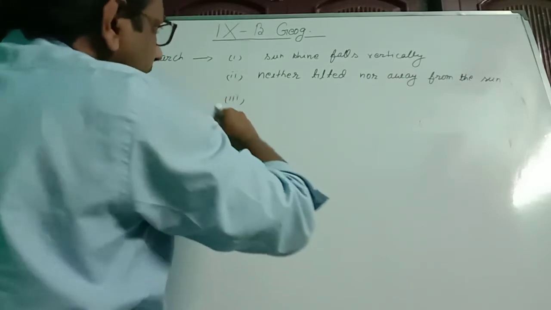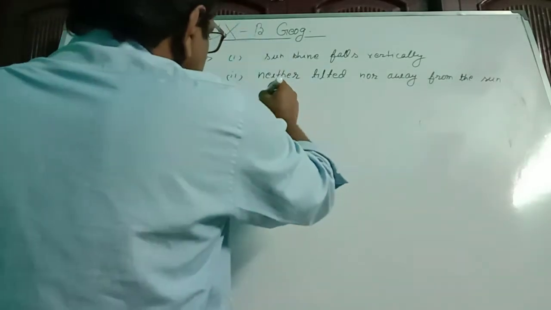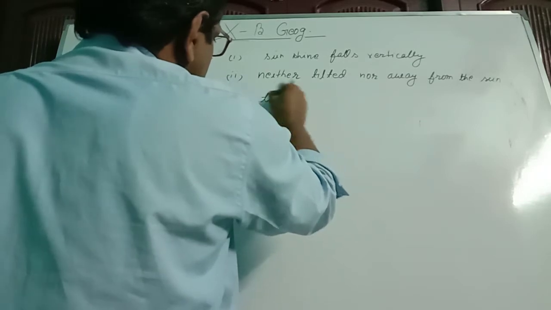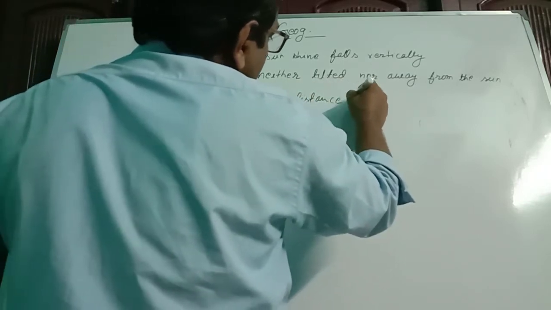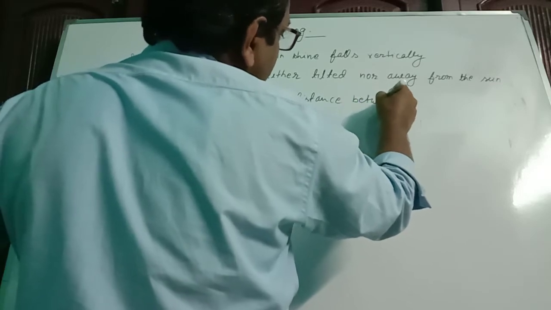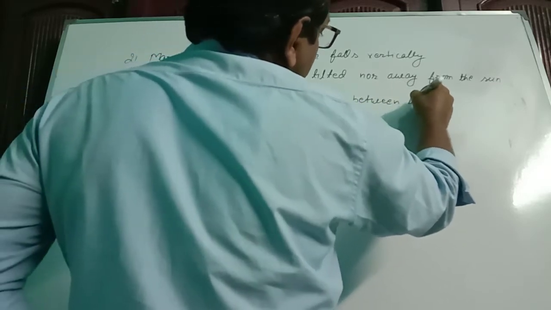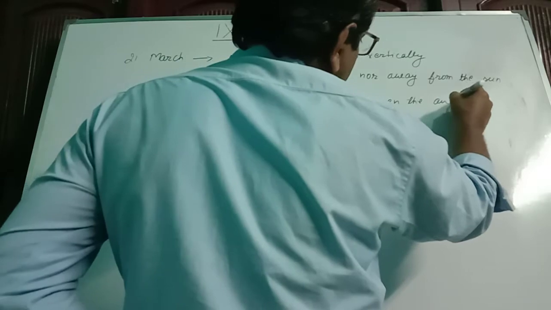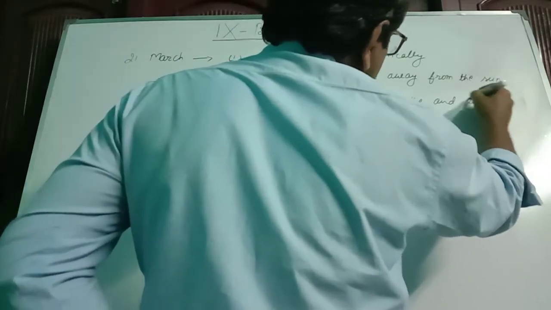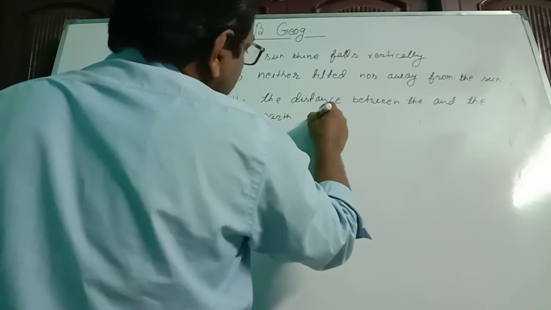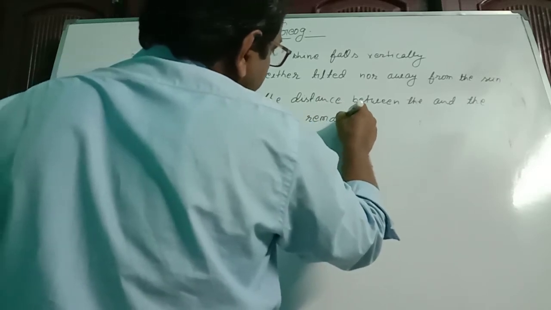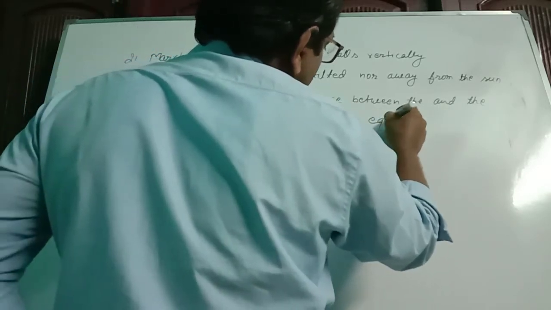Third, the distance between the sun and the earth remains equal.